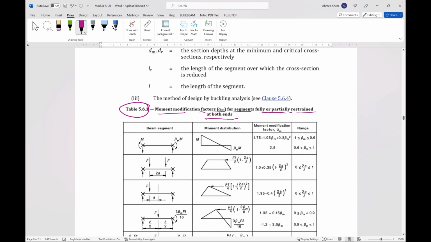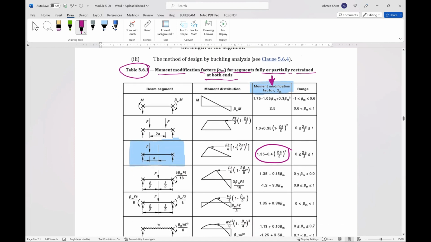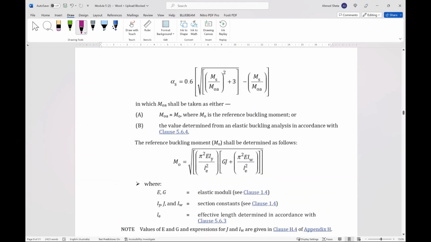Okay, this column here gives us alpha M, which for example here for a member with concentrated load, this is alpha M, where A is the distance from the center line of the beam to the load, L is the span of the beam, so this is L. So you can find alpha M. Okay, so this is for example about the table.